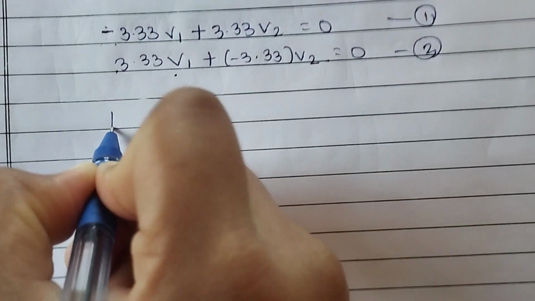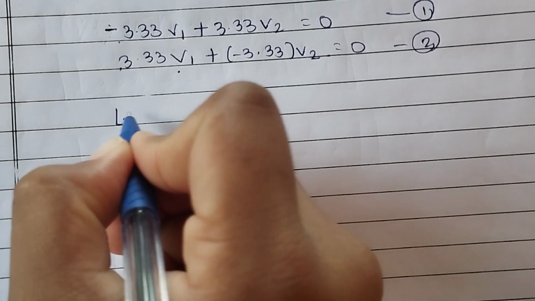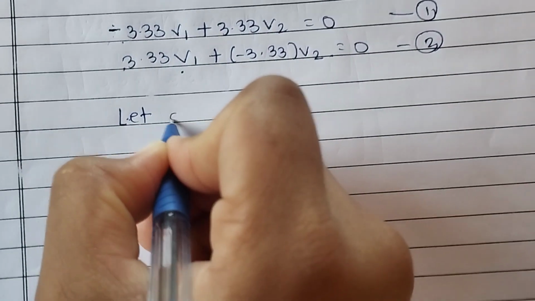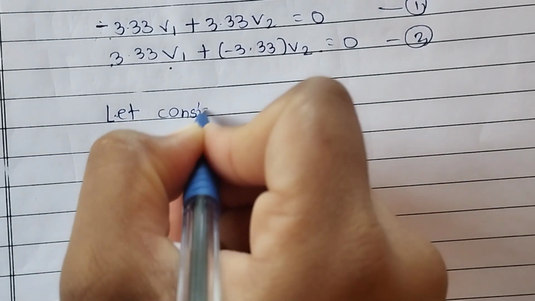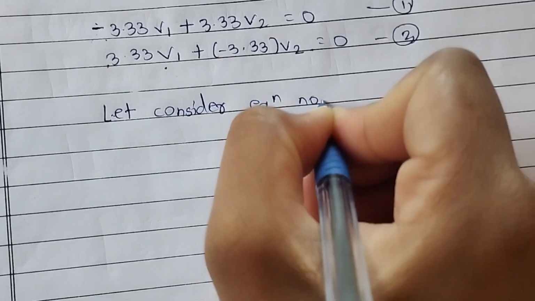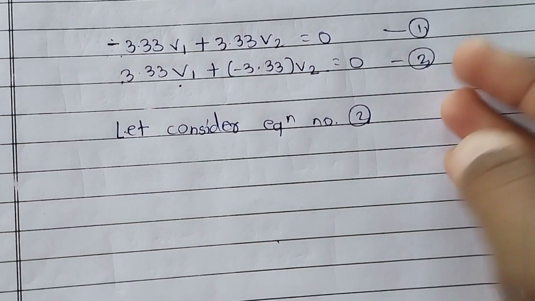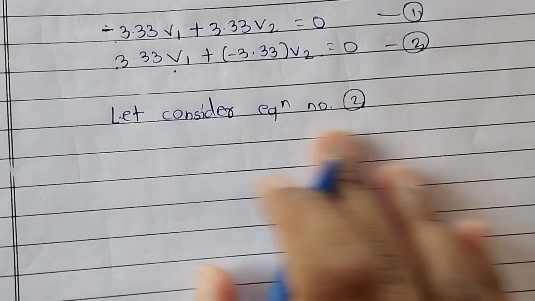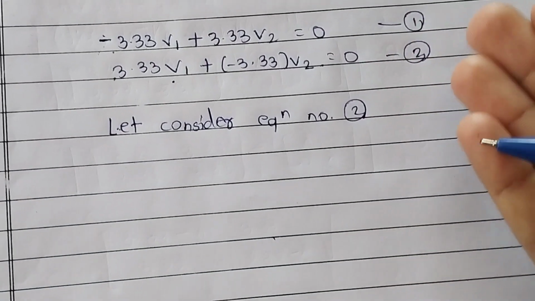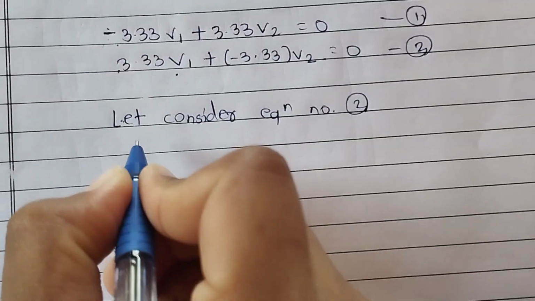So I take this second equation. If you take equation 1, then you also get the same values, but I start with 2. If you want to start with equation number 1, then it's also correct.